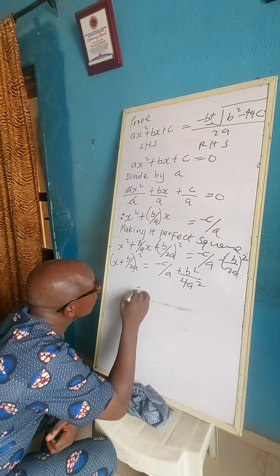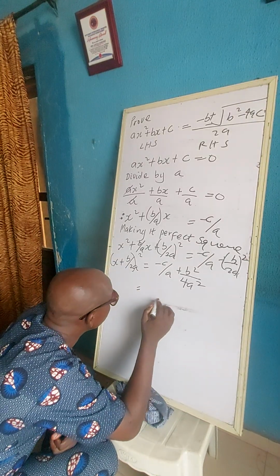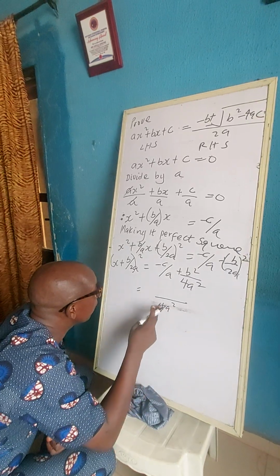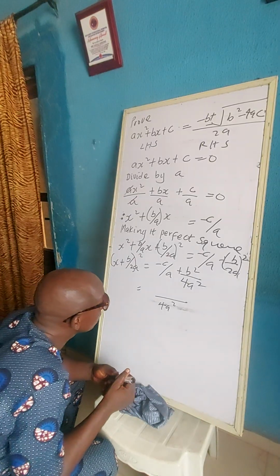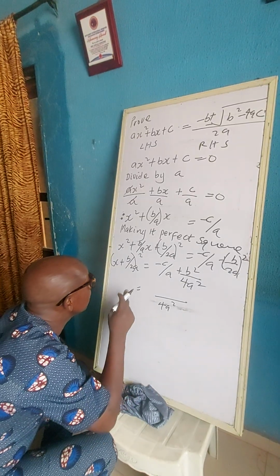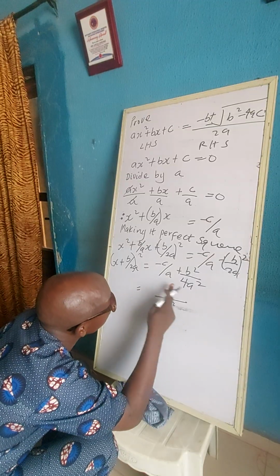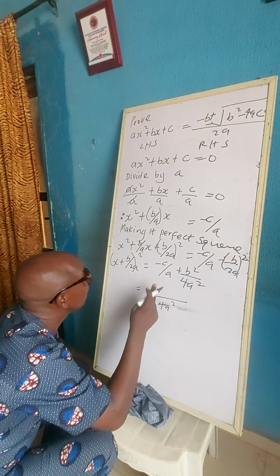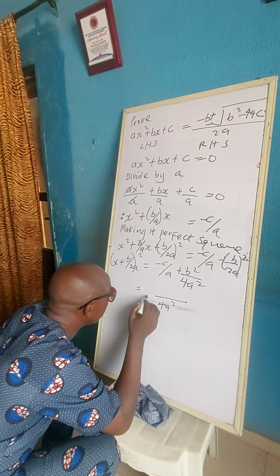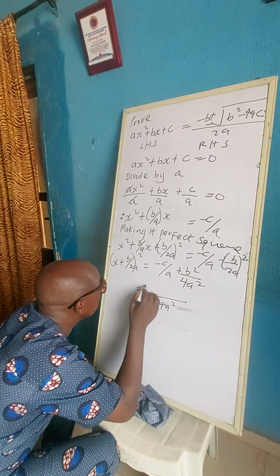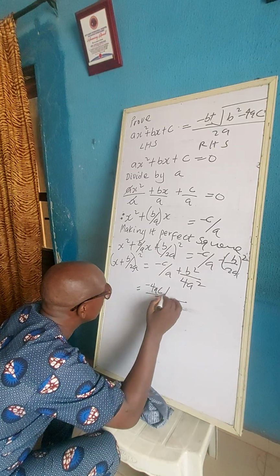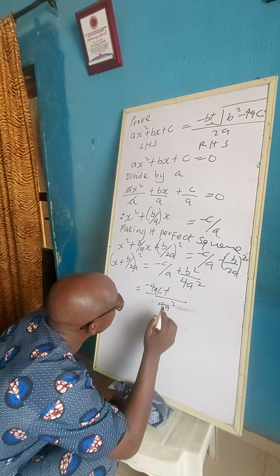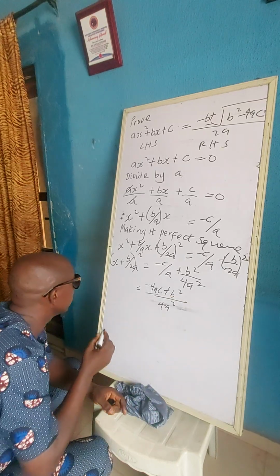The HCF of a and 4a squared is 4a squared. a in 4a squared, 4a. 4a times c, it becomes minus 4ac, plus b squared. 4a squared in 4a squared, 1. 1 times b squared, b squared.